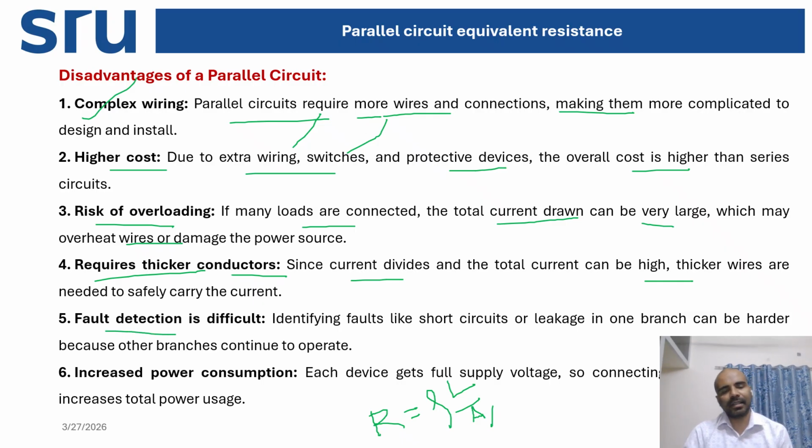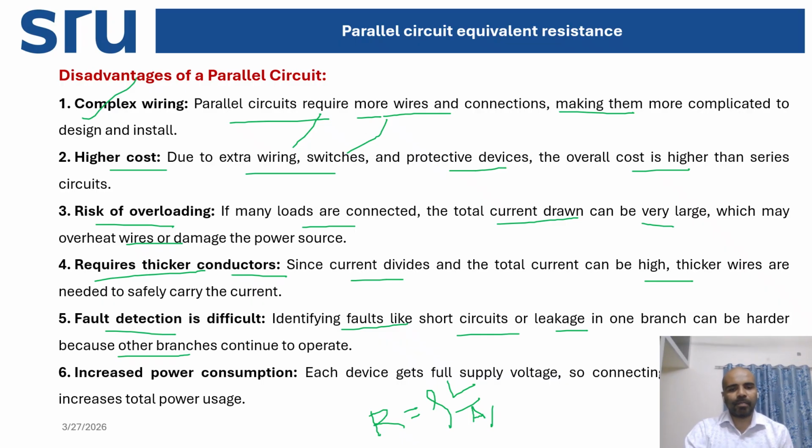Another disadvantage is that fault detection is difficult. As the wiring is complex compared to the series circuit, if there is any fault or short circuit, it can be harder to detect in comparison to the series circuit.